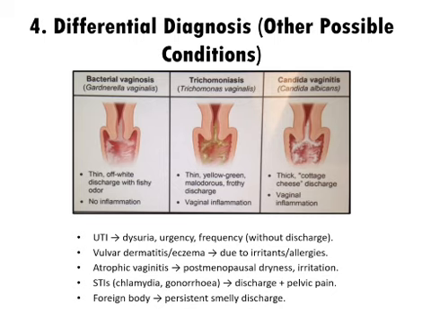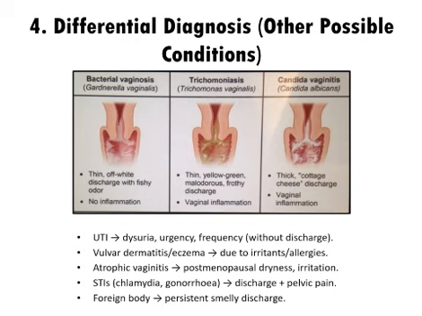Thirdly, Candida vaginitis, the discharge will be thick, like cottage cheese. There will be vaginal inflammation. Apart from those diagnoses, there are some other possible conditions which patients usually mistakenly think is vaginitis, sometimes not.